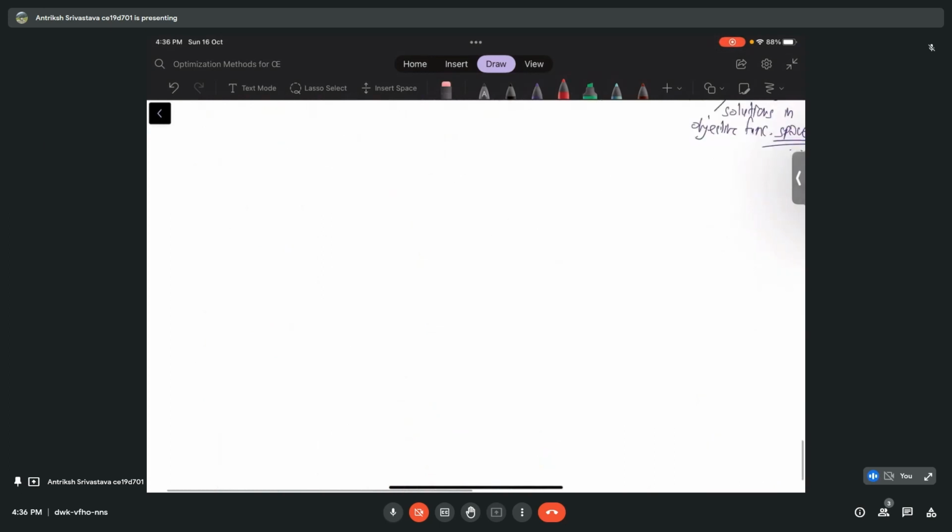We will code one function. We'll code the same function using NSGA2 in R, and the same problem we'll do with MOGA in MATLAB. Okay, so let's start.